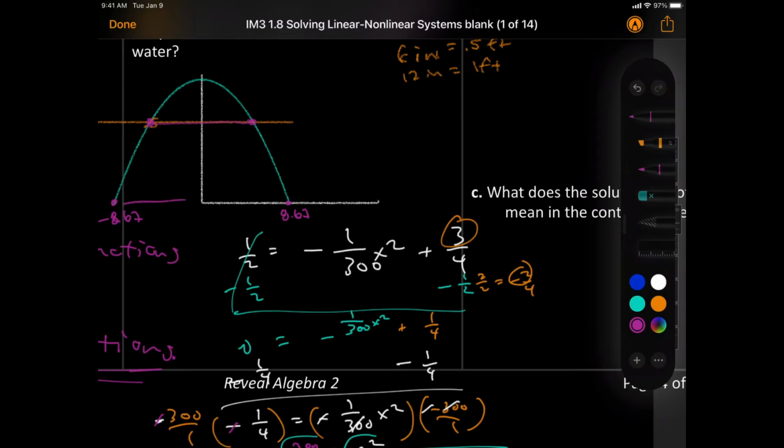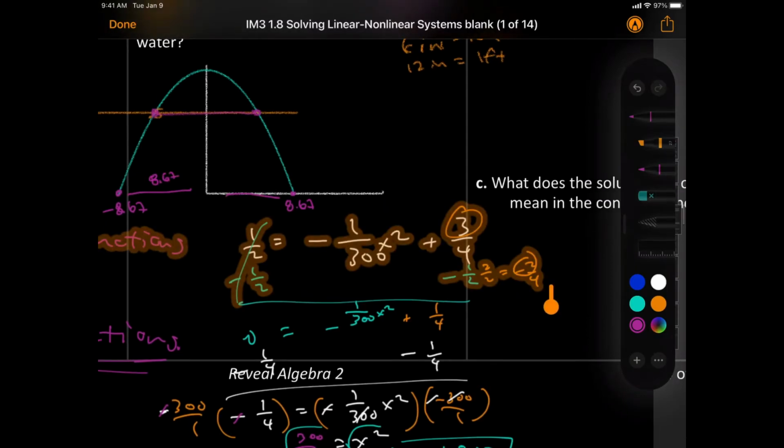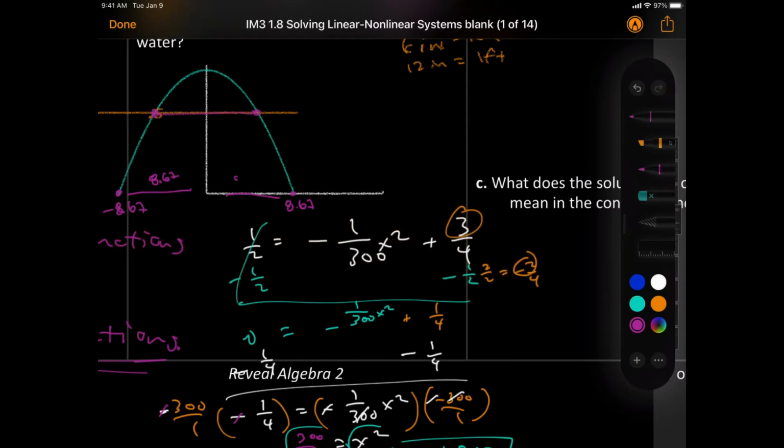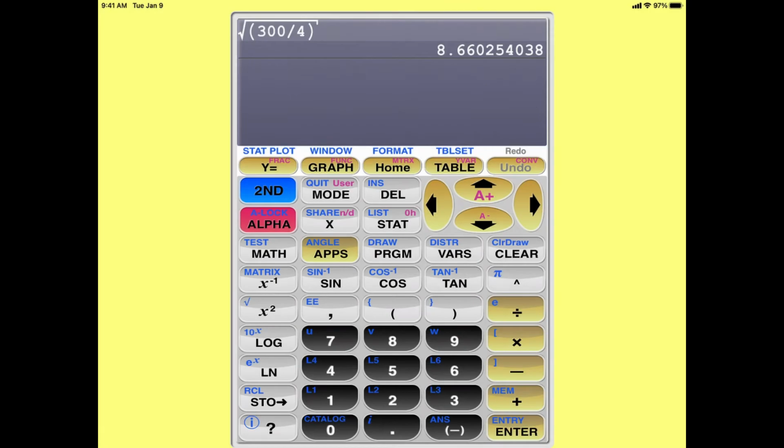So that means from here to the origin is 8.67. Well, that's cool. Didn't know I could do that. And this one's 8.67. So if I add those together, I'm going to get, well, 8.67 times 2, because we rounded up there, 17.34.